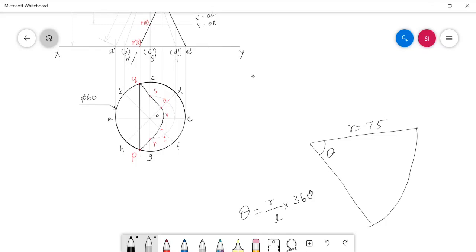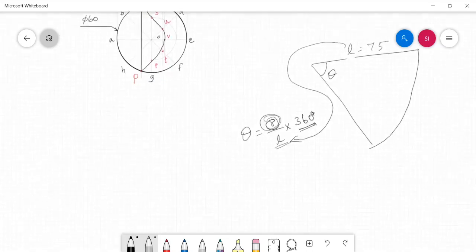Here in this formula, r is the radius of the base circle, l is the true slant length. Once you use this formula you will find out the sector angle to be used for developing the solid.